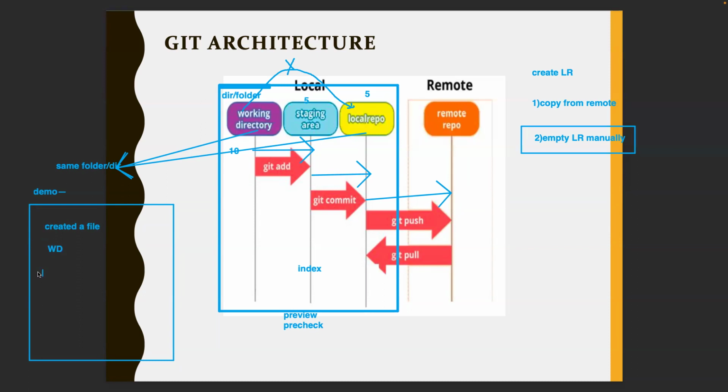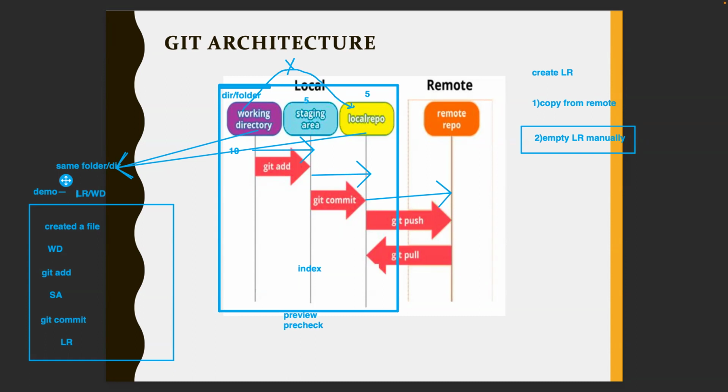After creating the file, if you add it to the staging area by running the command git add, then it is said to be in the staging area. After that, if you run the command git commit, then you say it is in the local repository. The file is physically in the same folder, but as per the status, this is how it is. The same folder is your local repository, and physically the same folder is also your working directory.